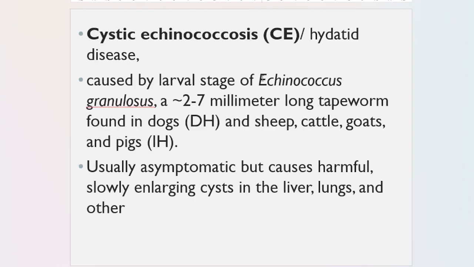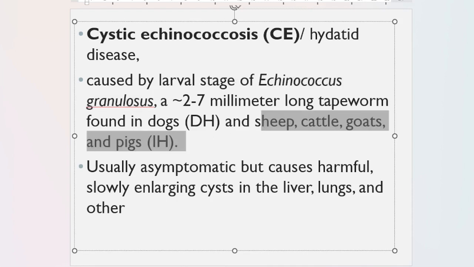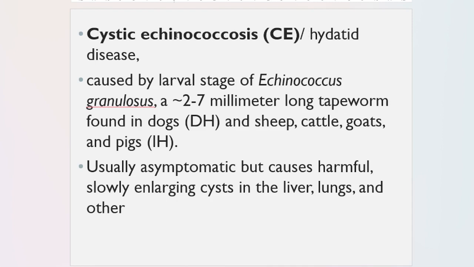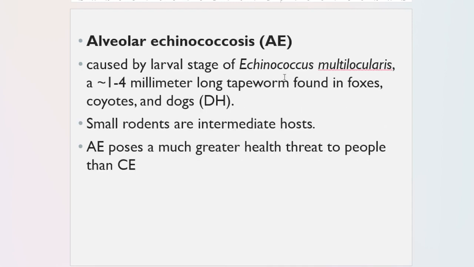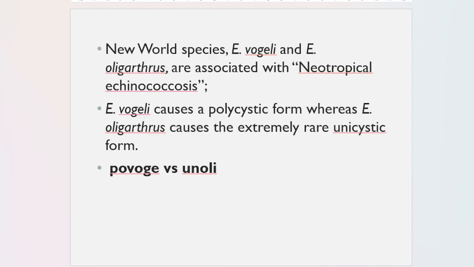But for Echinococcus granulosus, the intermediate host are sheep, cattle, goats, and pig. So that's one of the differences. Aside from that, AE poses a much greater health threat to people as compared to CE or cystic echinococcosis. So mas harmful pa pala, mas threatening pa pala si multilocularis as compared kay granulosus.